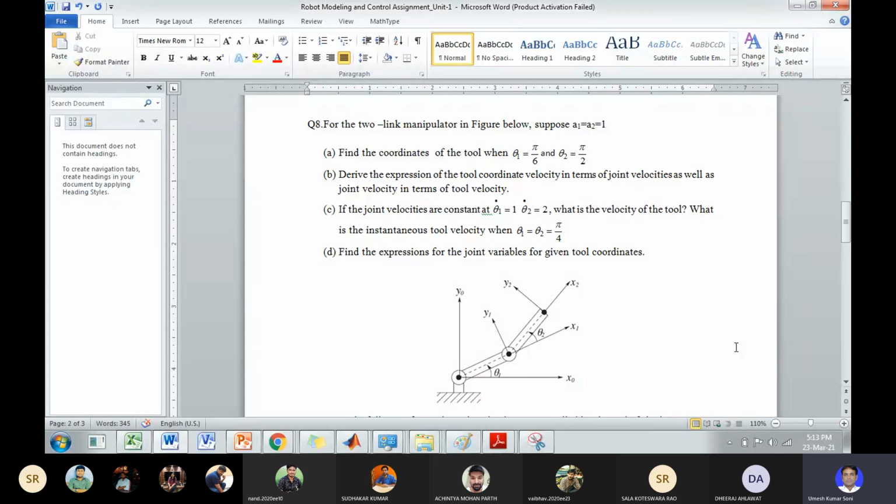Can any student tell me what expressions have to be derived here?